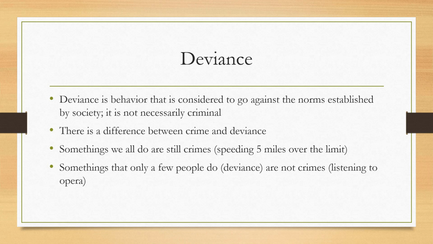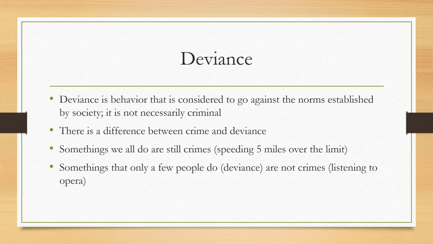So, for example, very few people listen to opera. Very few people speak Danish. It doesn't mean that everybody who commits those deviant acts is a criminal, and we don't even criminalize them. Some things that we all do become crimes.